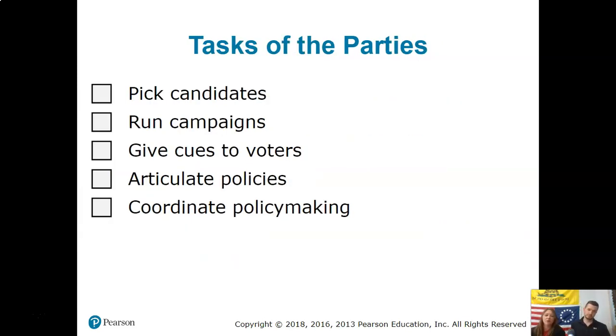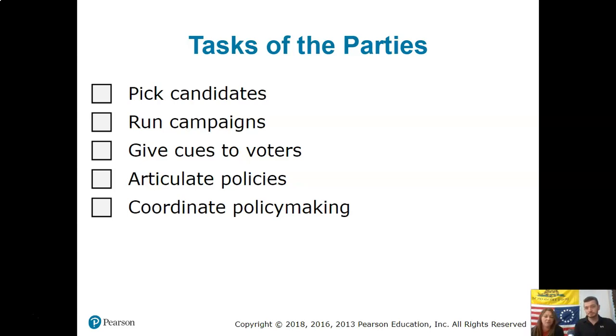Okay, so tasks of parties. Each of the political parties is going to have a bunch of different things that they do. First, they're going to pick candidates. So any given election year or cycle, they're going to pick which candidates they think would do the best job, and really more likely how likely they are to get elected. Sure. Yeah, electability. They're also going to run campaigns.